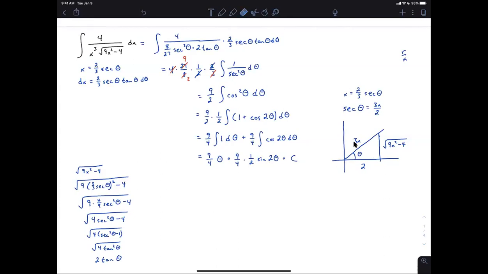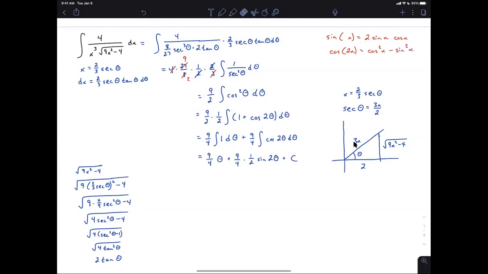But what you do have is a double angle formula for sine from trig that says sine of 2x is equal to 2 sine x cosine x. And then if you ever came across cosine, cosine of 2x is cosine squared x minus sine squared x.